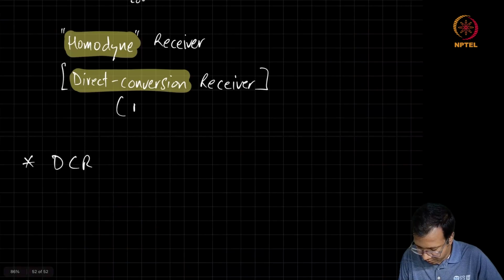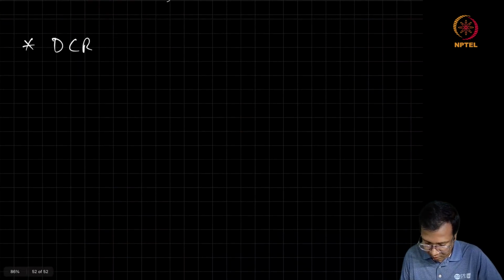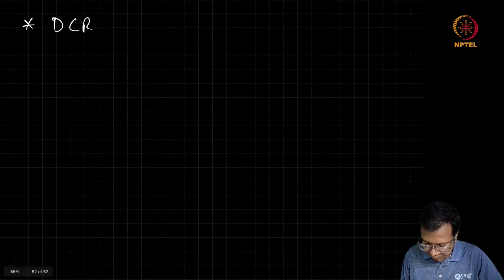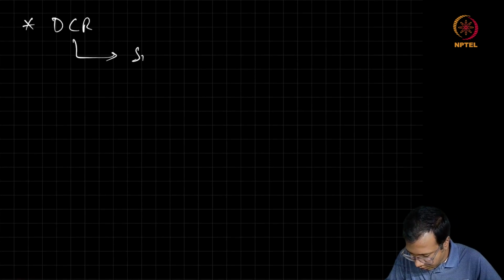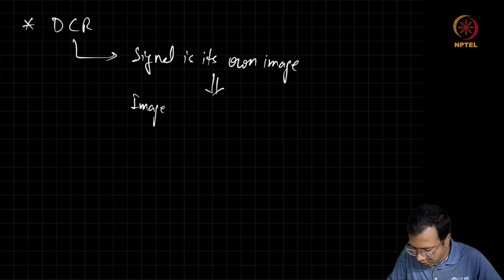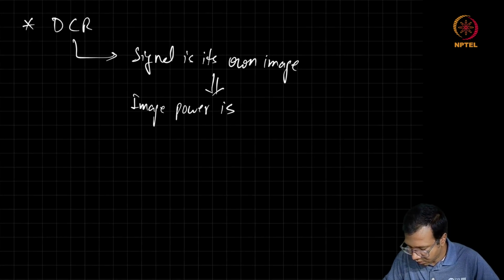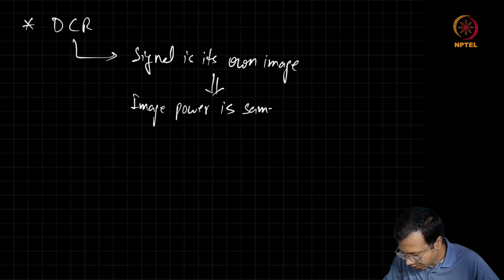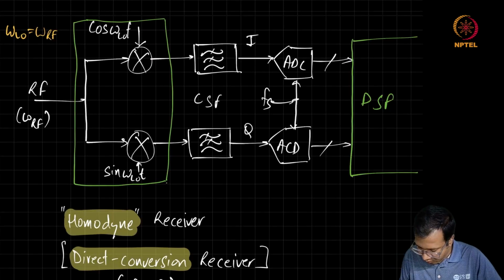So in a direct conversion receiver, the signal is its own image, which implies the image power is the same as the signal power, with a block called a quadrature mixer.